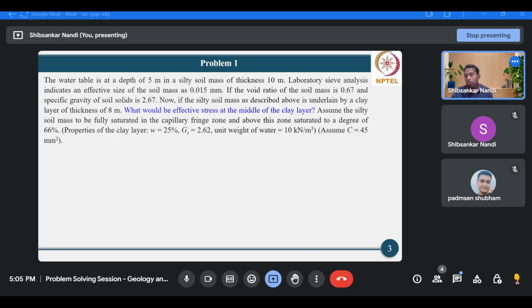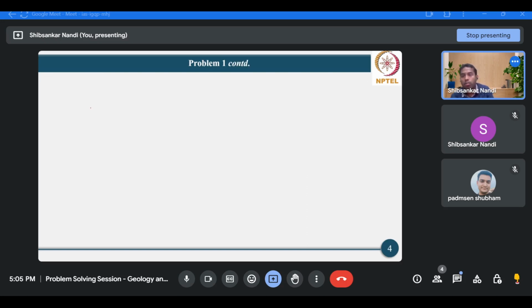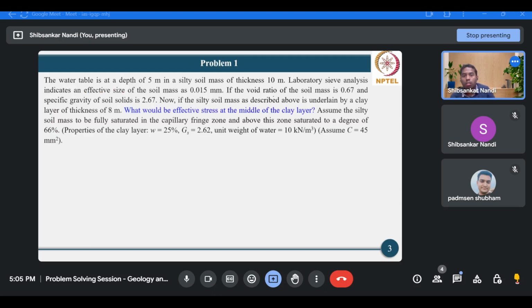Okay, so first we'll draw the problem definition. It's given in the problem statement that there is a silty soil mass of thickness 10 meter. So this is the silty soil mass, having a thickness of 10 meter. Now, below this silty soil mass, there is a clay layer.